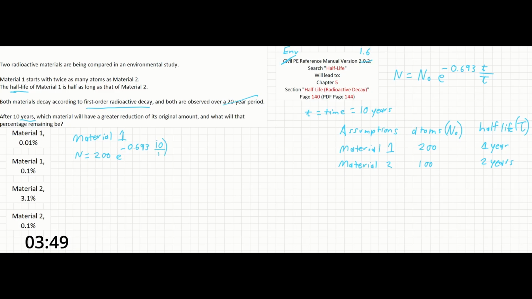And this is going to give us a final N of about 0.19. Now, if we divide 0.19 over the initial concentration of 200, we will get 0.00097 or 0.097%.